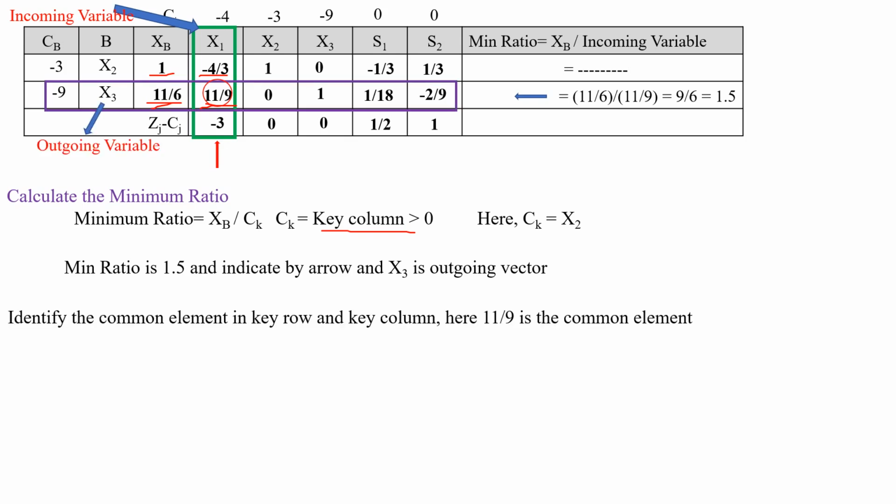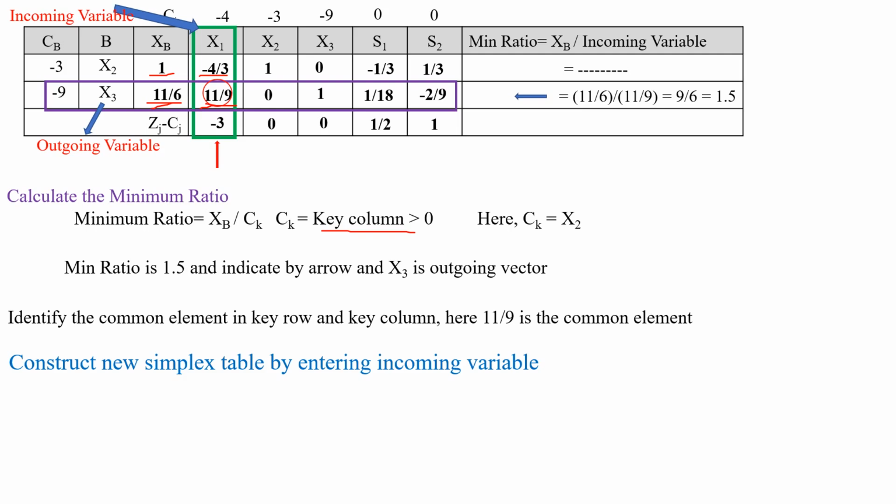Next, we identify the common element of the key row and the key column. Here the key row is the x3 row and the key column is the x1 variable column. The common element is 11 by 9. This 11 by 9 we call the key element.